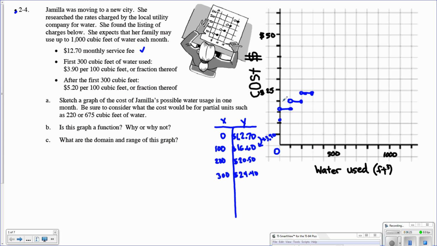Then the cost starts to jump a little bit here. But remember, these are open circles. After the first 300 cubic feet, we'll go up to $5.20 for each 100 cubic feet. So anything from 300 to 400 is going to cost us $5.20. So we're looking at $29.60 being our cost.